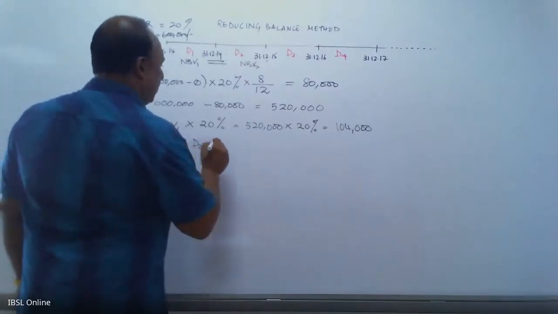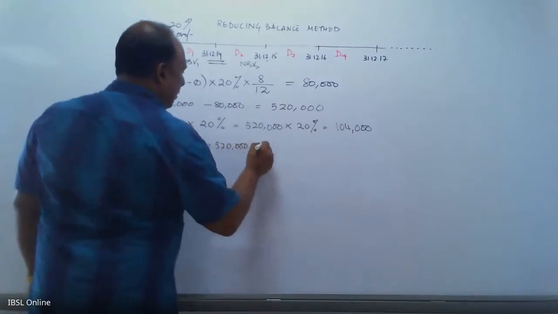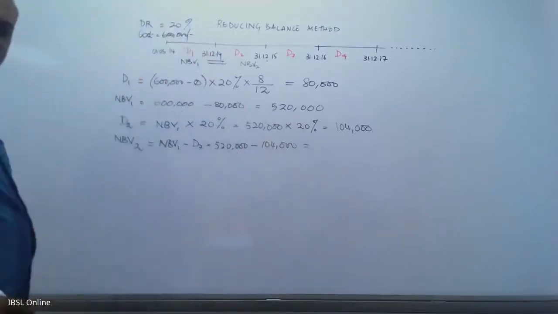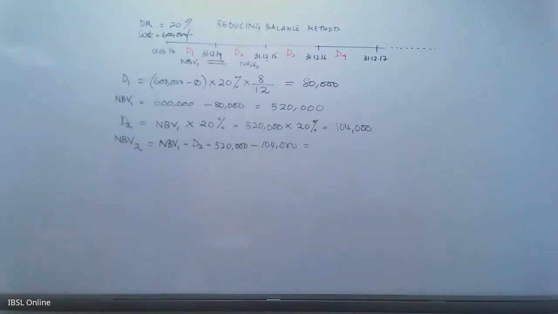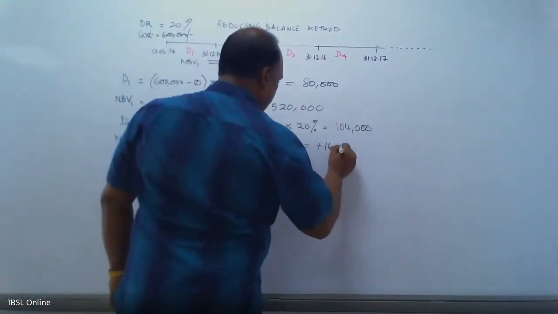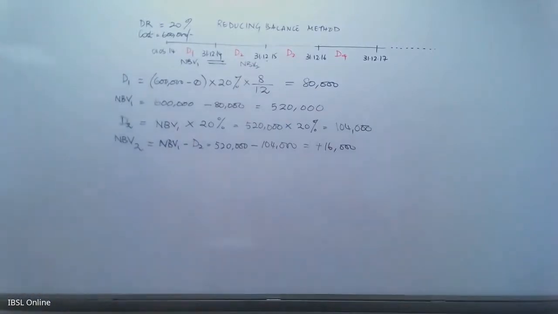NBV1 will be 520 minus 104, which gives you 416. That is one way of looking at it.